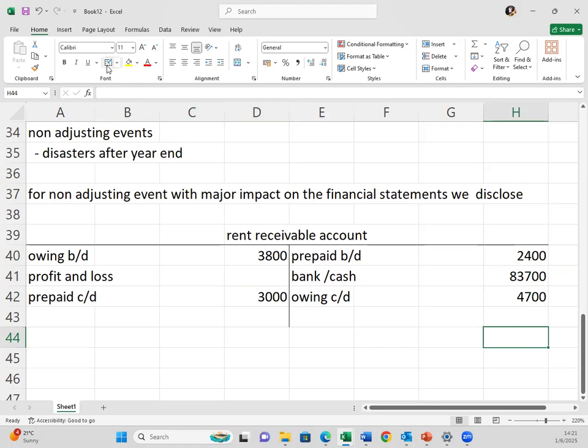Let's work out the profit and loss. How much is it? 84,000.